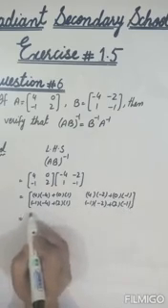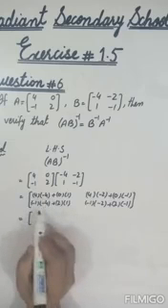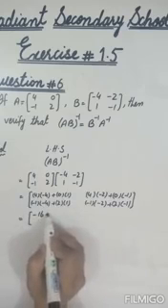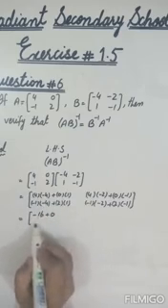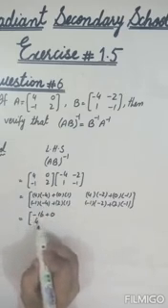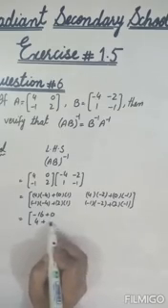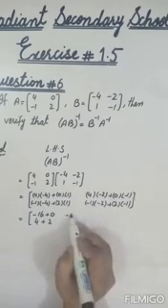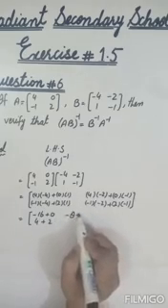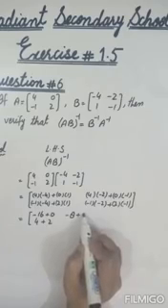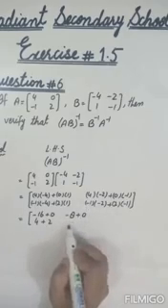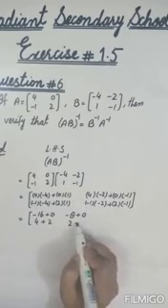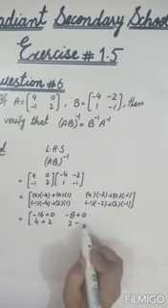By simplifying, it is equal to minus 4 fours are 16 plus 0, minus minus plus, 4 ones are 4 plus 2 ones are 2, minus 4 twos are 8 plus 0 into minus 1 is 0, minus minus plus, 2 ones are 2 plus minus 2 ones are 2.